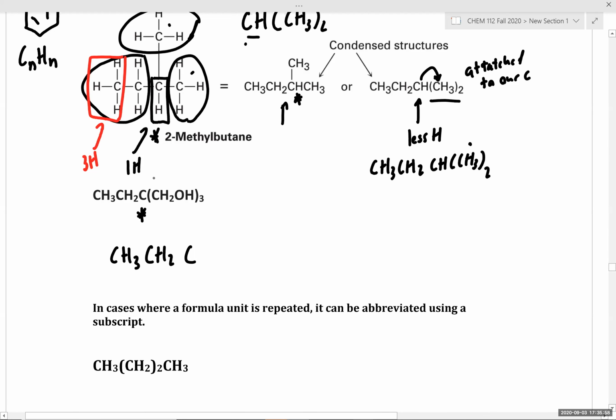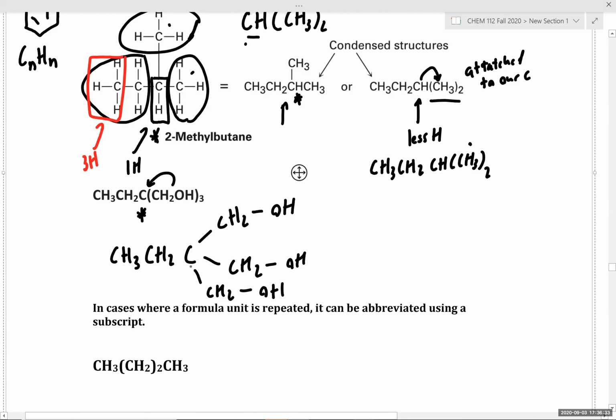Since these parentheses indicate this group may be attached to our carbon, and because our carbon has fewer hydrogens than usual, this functionality is attached to our carbon. So we have 3 of these CH2OH functionalities attached to our central carbon. And that is the only way for us to have a valid structure that fulfills the octet rule on this central carbon.